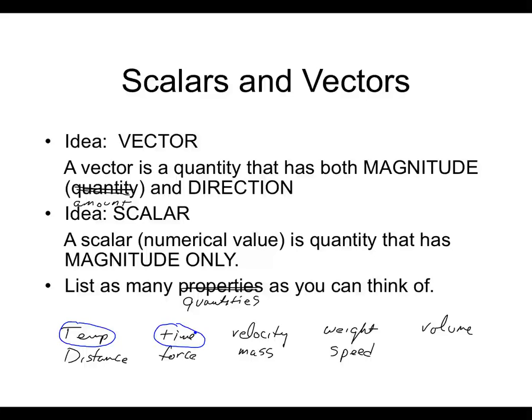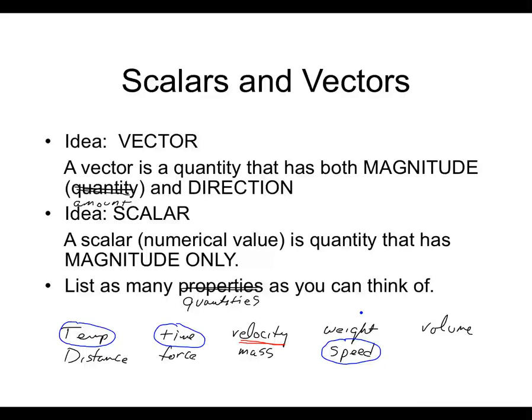Time does not have a direction in three-dimensional space. Okay, velocity. That's a vector, right? Because it's made up of speed, which is a scalar, and the associated direction. When you take speed and give a direction to it, we get velocity, which is a vector.